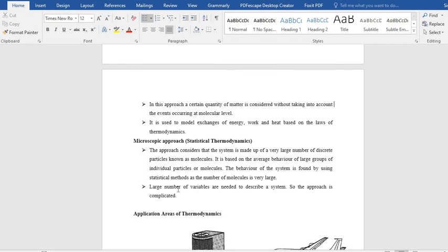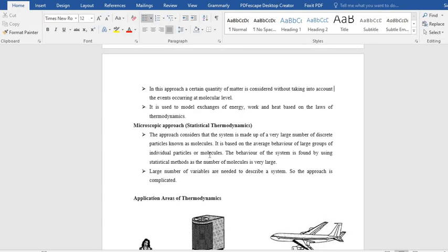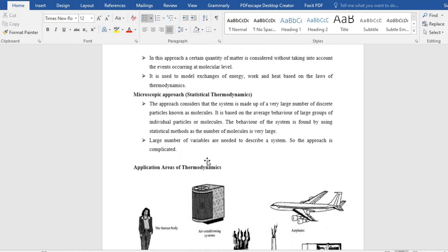This process is very complicated because you have to deal with a large number of molecules. So normally in this course, whatever we are going to use is based on the macroscopic approach.